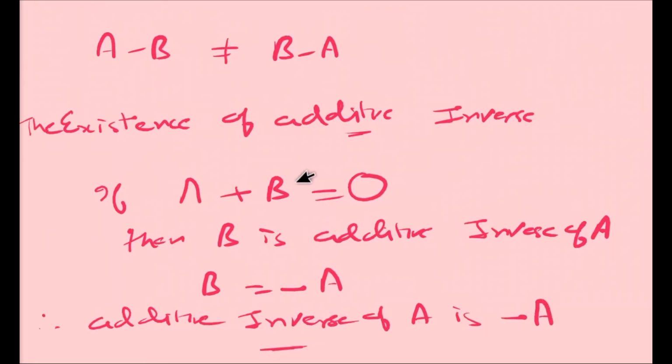The definition of additive inverse means when we add to a matrix, the resultant should be 0.